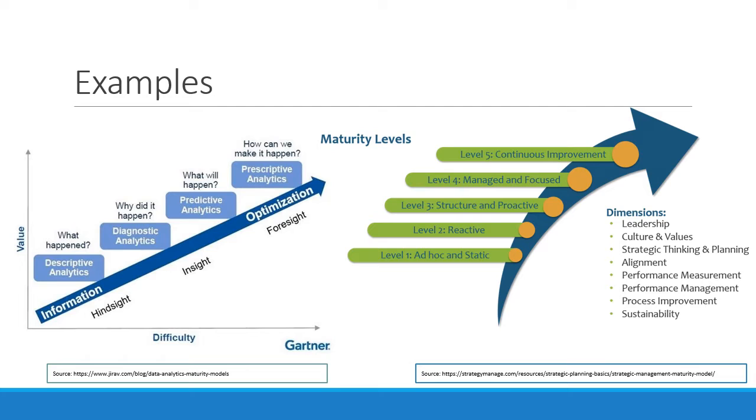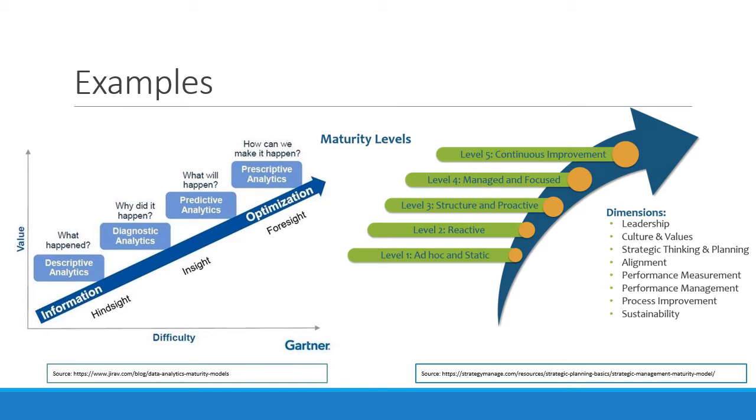This slide shows two examples of what maturity models can look like. The first picture that you see there on the left is the Gartner model of increasing maturity in financial analytics. The Gartner model has 4 progressive levels.